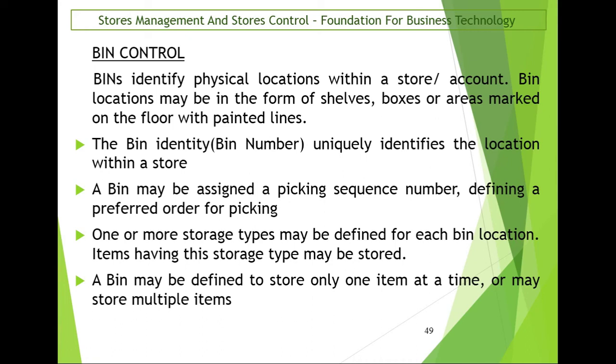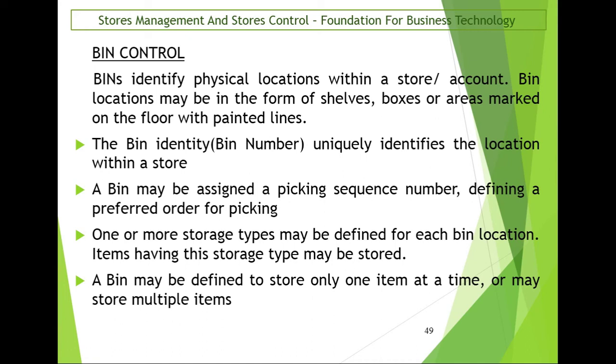Say, for example, you have got 3 or 4 boxes that have got the same item. So you can put a picking sequence number on each box, maybe 1, 2, 3, and you say you always start with the lowest sequence. That ensures that you finish all the items in one box before you go to the next box.